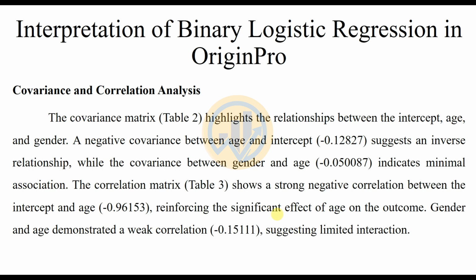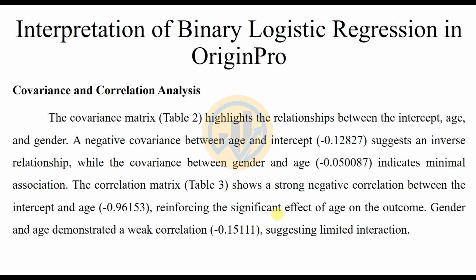In this section, the covariance matrix in Table 2 highlights the relationship between the intercept, age, and gender. A negative covariance between age and intercept, minus 0.12827, suggests an inverse relationship, while the covariance between gender and age, minus 0.050087, indicates minimal association.